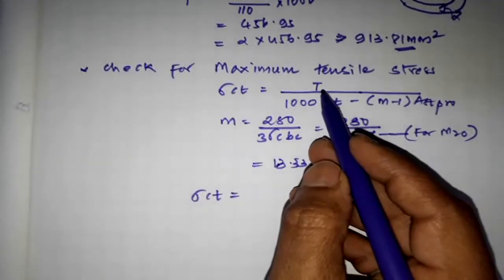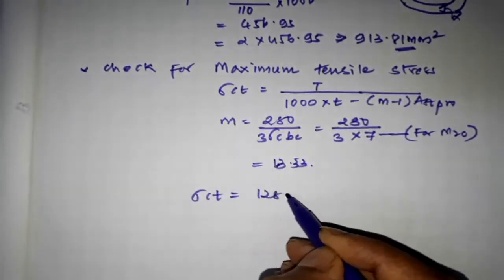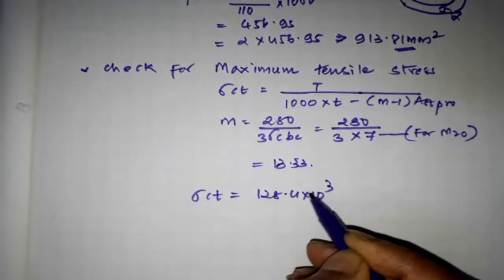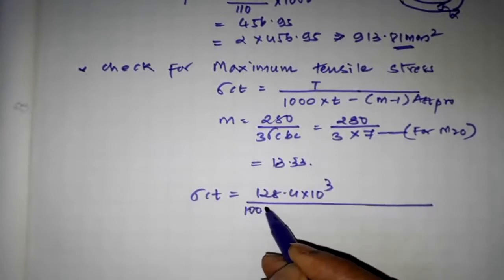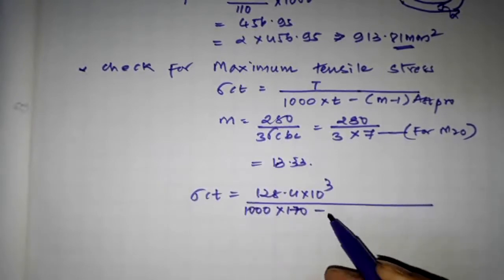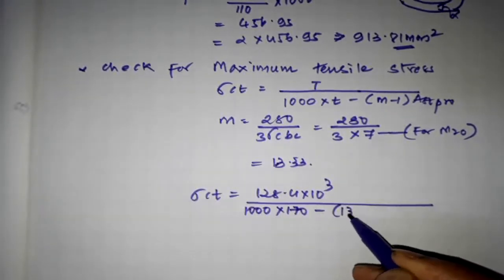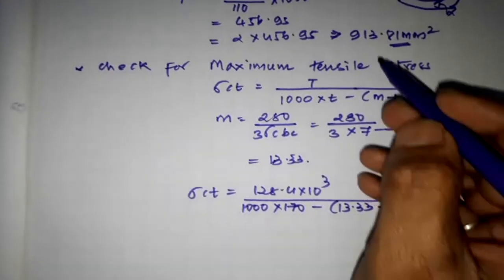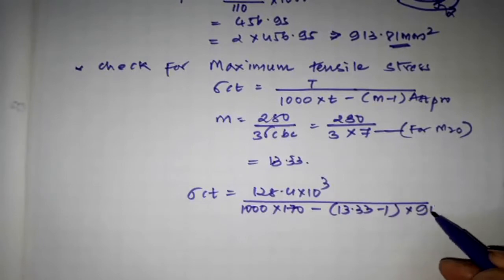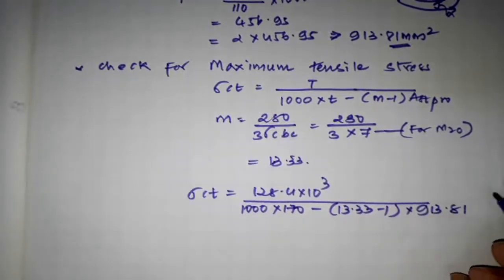We substitute back and find sigma CT. T is 128.4 into 10 to the power 3 divided by 1000 into 170 plus (13.33 minus 1) into AST provided, 913.81.